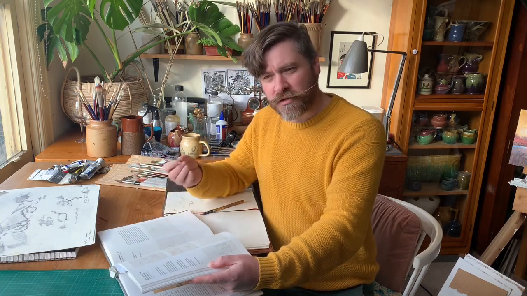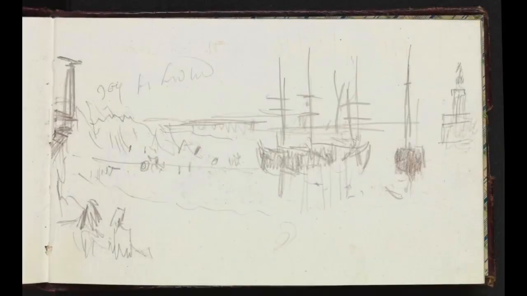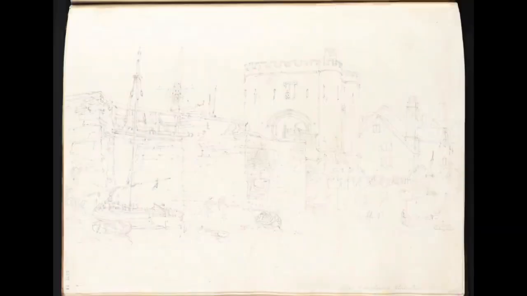It did develop and it changed slightly. The later sketches probably have much more of a gestural quality to them than the early ones. But there's this keen observation of the things that he's seeing around him.